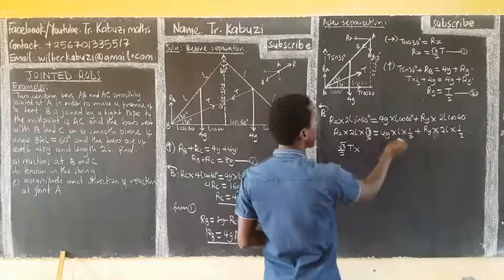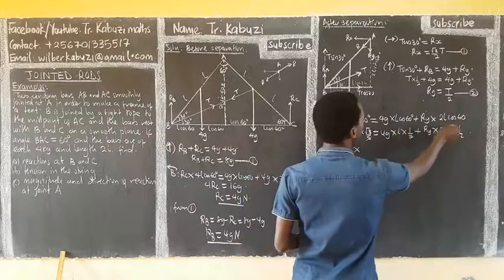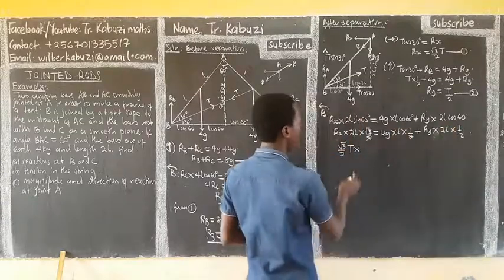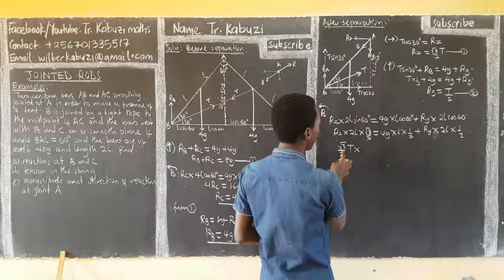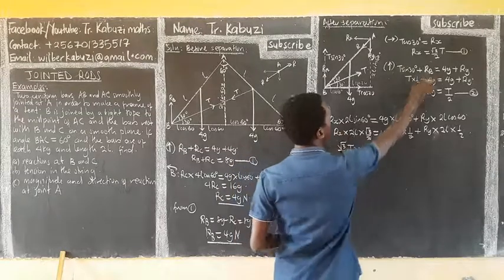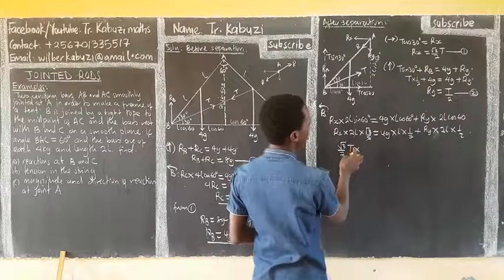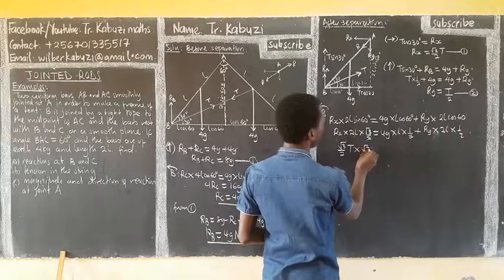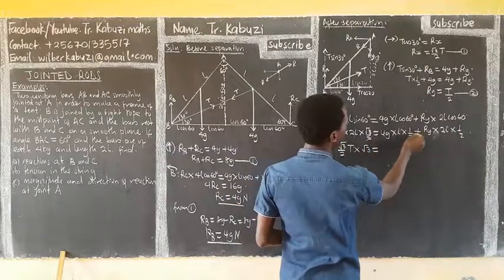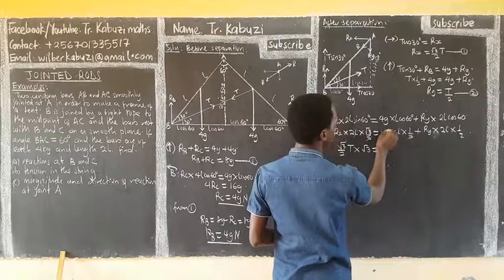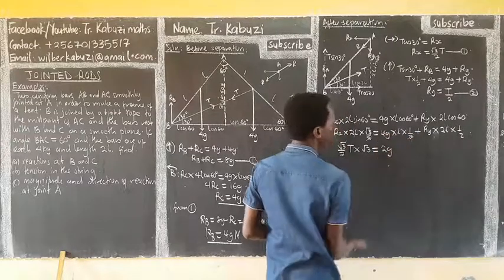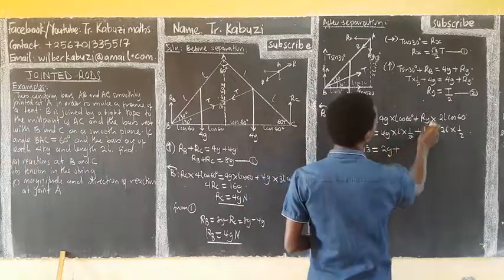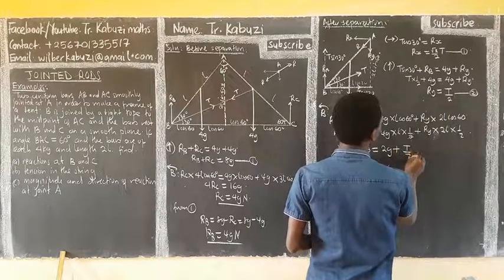You see L is common, L is common, L is common. So there I have now root 3 over 2 times root 3, equaling 2 here, by this 1, by this 2, so I have 2g, then plus Ry in terms of T.